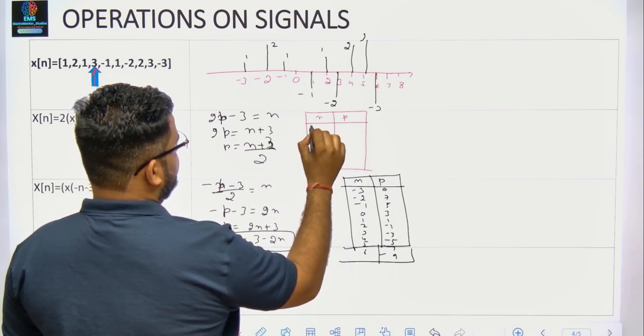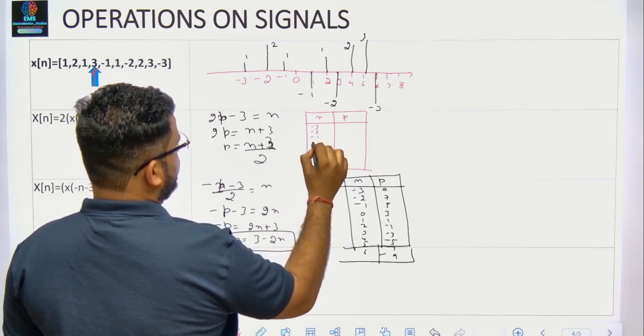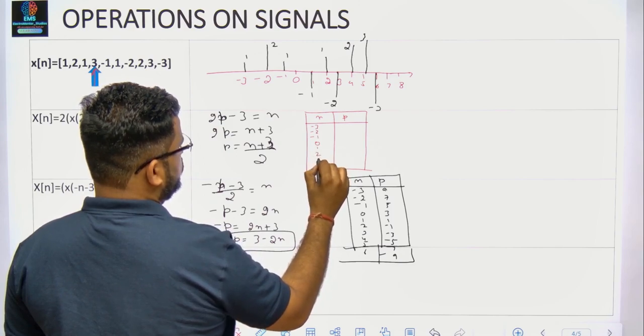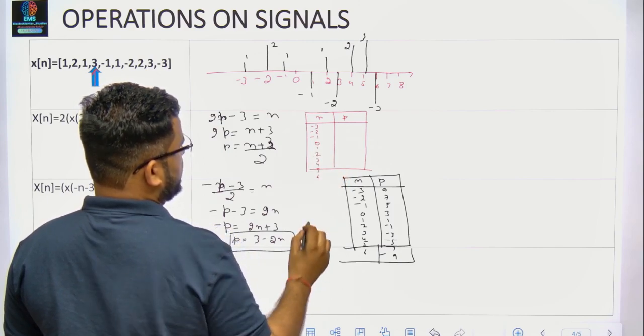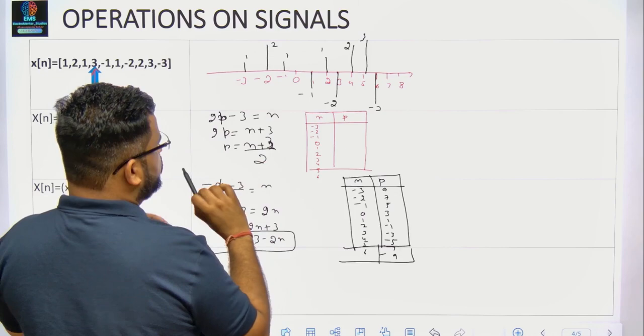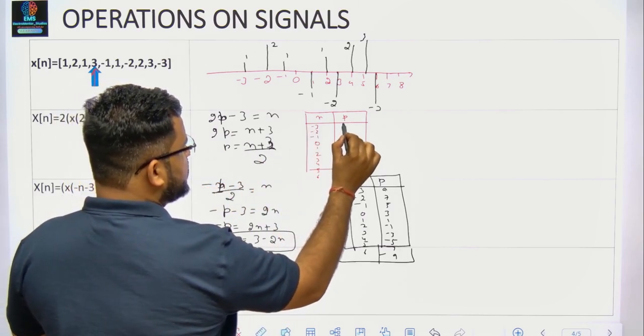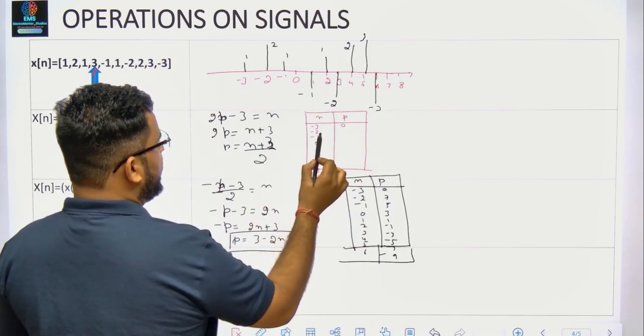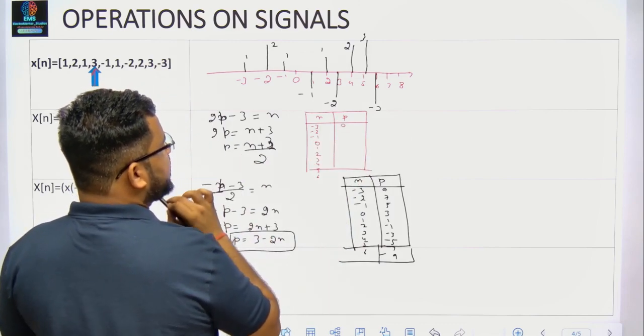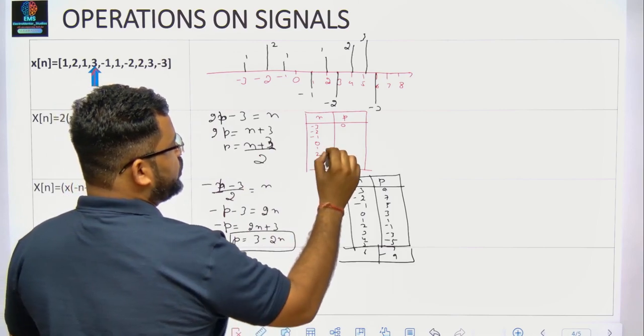Substitute the value of n from minus 3, minus 2, minus 1, 0, 1, 2, 3, 4, 5, 6. These are the values. Minus 3 plus 3 is going to give me 0. Agreed. Minus 2 plus 3 is going to give me 1 by 2.